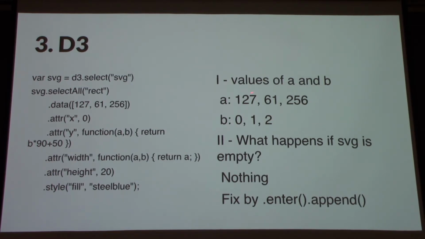The correct answer was this one, 127, 61, 256, so the values in the array, and then 0, 1, 2. A couple of people had 1, 2, 3. Okay, you didn't lose a lot of points for that. A couple of people actually gave me the return value here. You also didn't lose a lot of points for that.